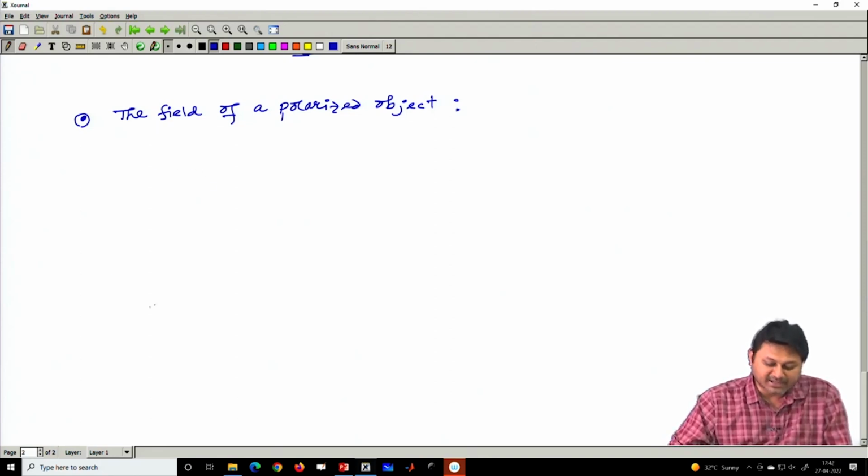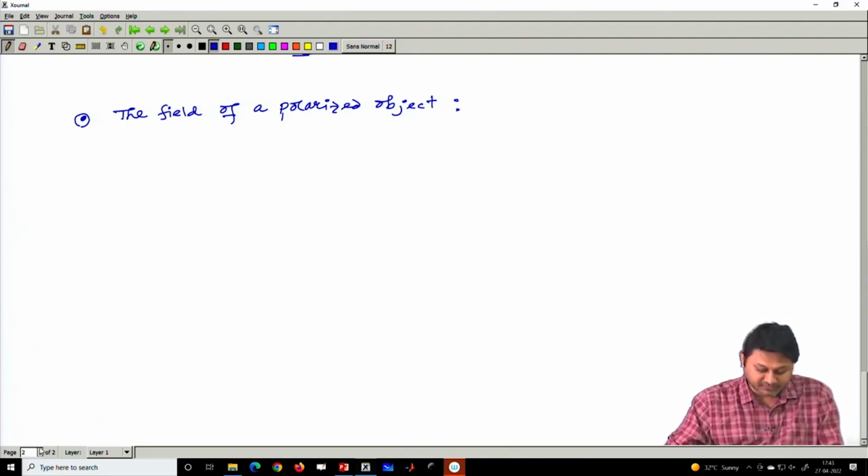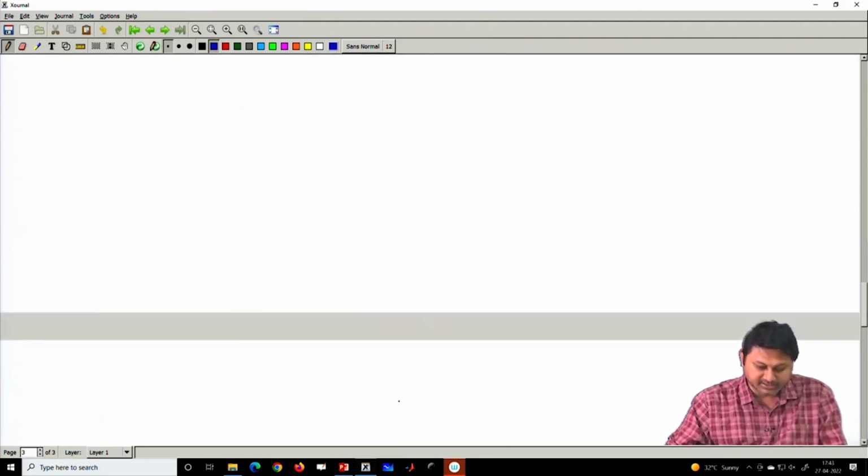So, because of that we should have a field, right? For a dipole we calculate a field, and here something similar will happen. So, we can find a corresponding field or corresponding potential due to the polarized object. So, let us try to find out how to get it.